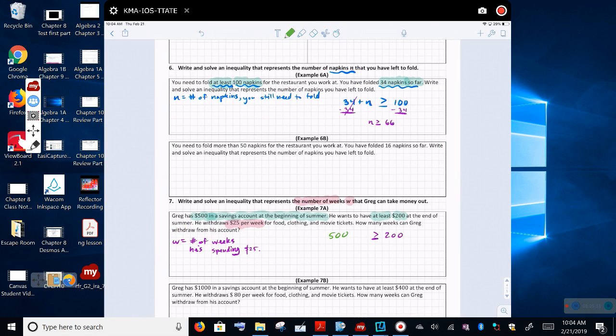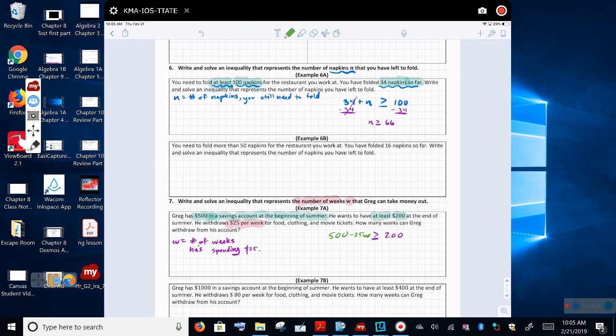How would I probably represent going down? Subtraction. And it's going down by 25, but it doesn't only go down 25. It goes down 25 every week that he's actually spending. So then we put the W. Now that's the first part.